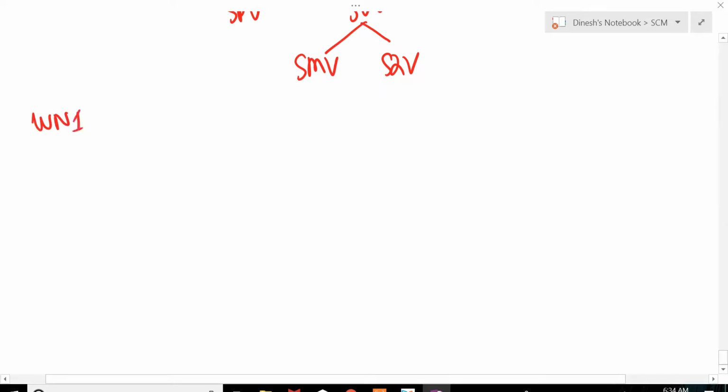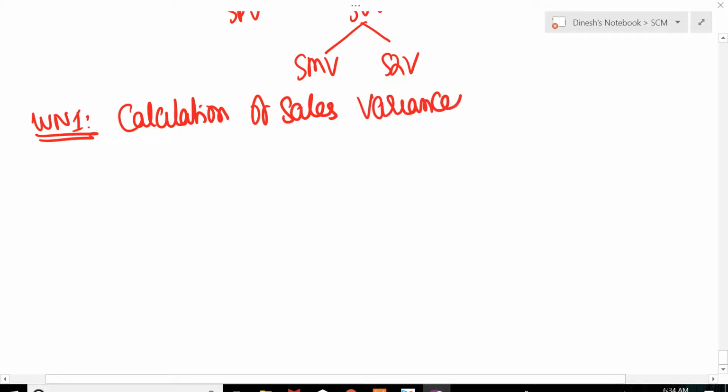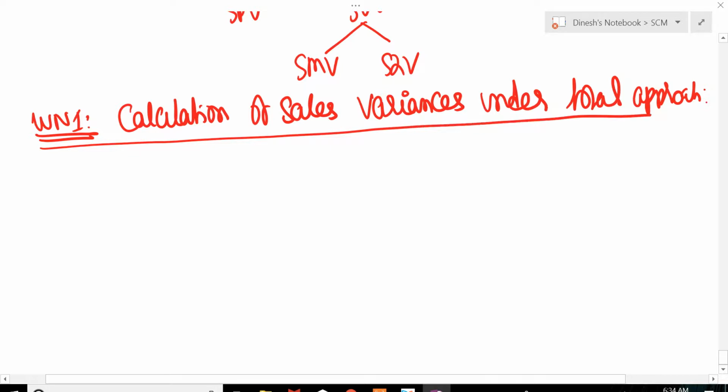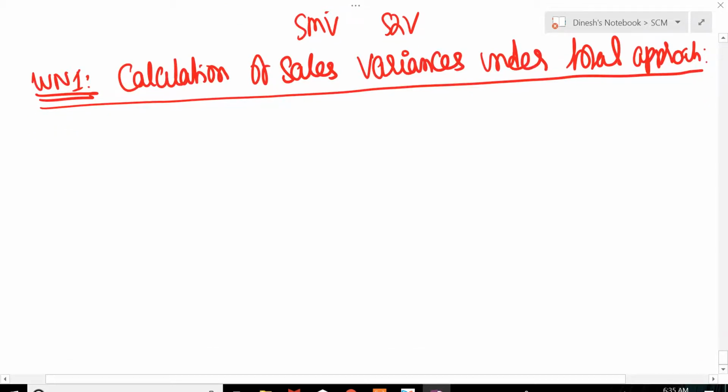Calculation of sales variances under total approach. Now, this is how our chart looked. We had BP, AP, BQ, AQ, and in between we had RBQ.